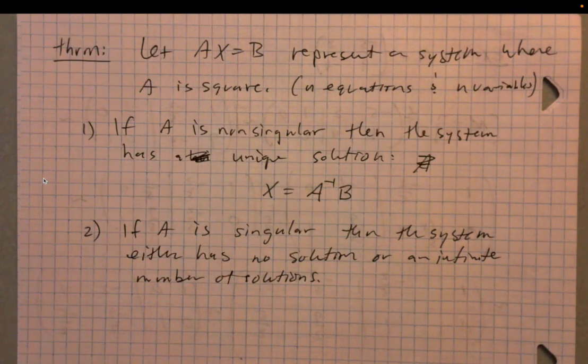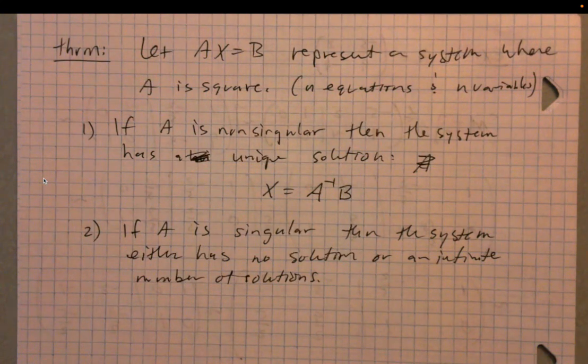That probably makes sense too. If you think about a singular matrix, we just talked about the implications for the rank. The rank is less than n in that case. So when we row reduce, we're going to have independent variables, or we're going to have an inconsistent equation, like 0 equals 20 or something. That can happen, or you can have a row of all zeros, meaning you have an independent variable.